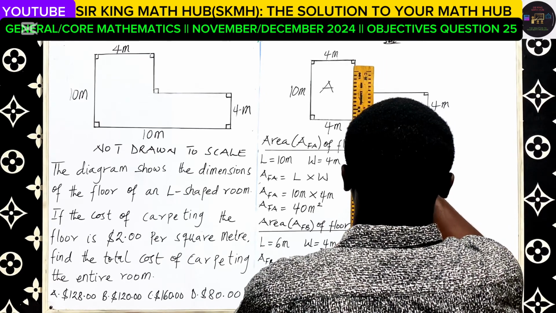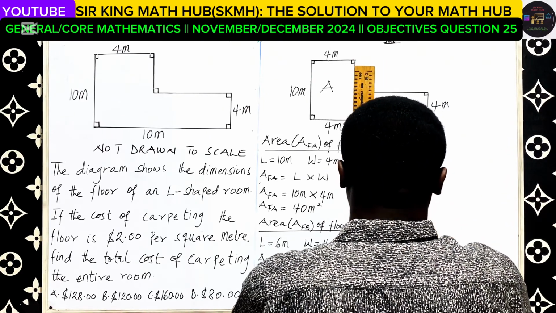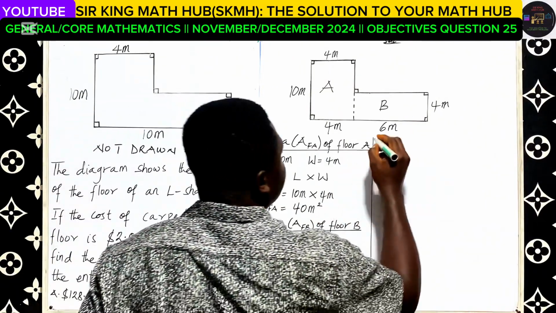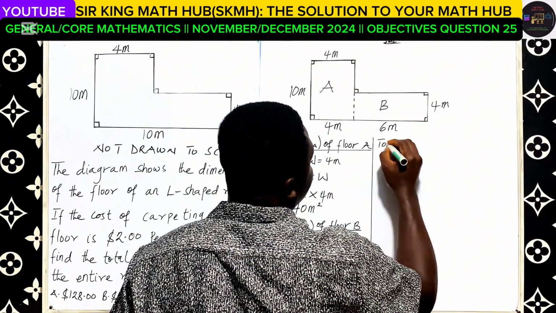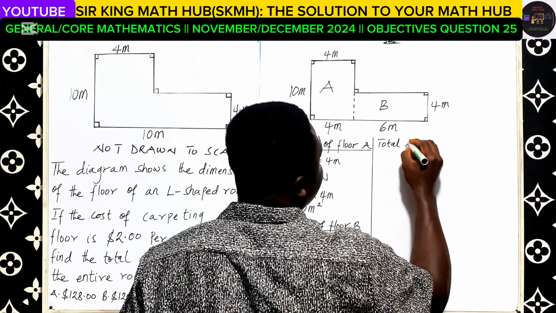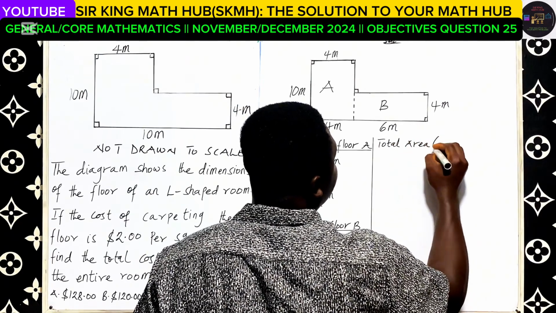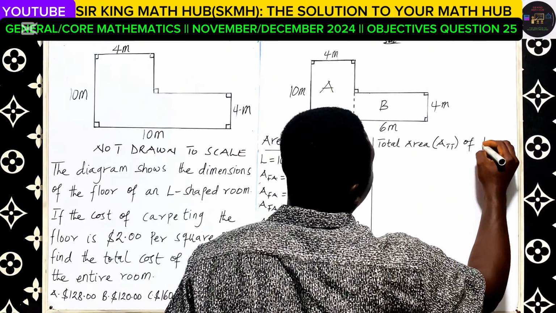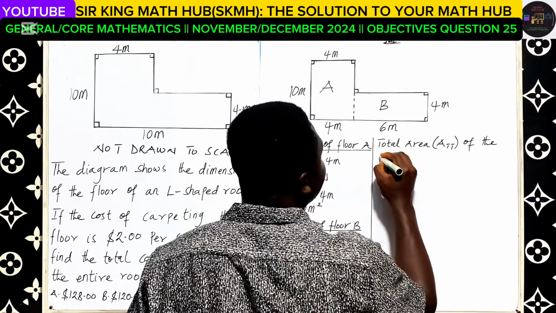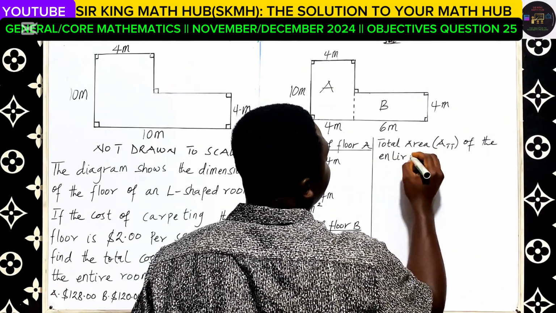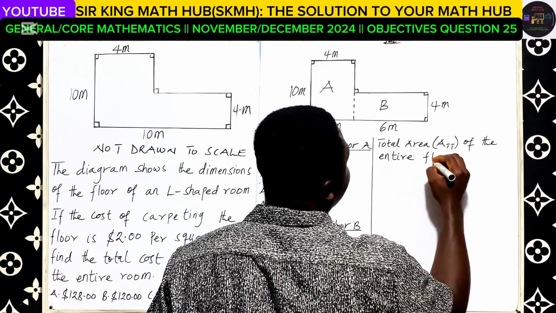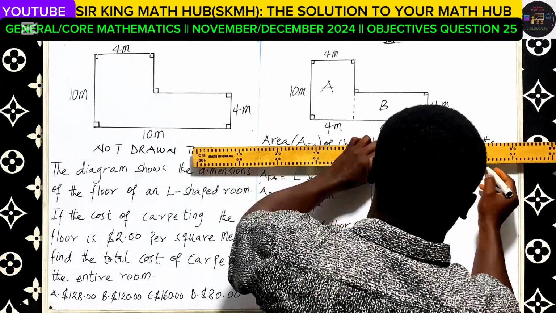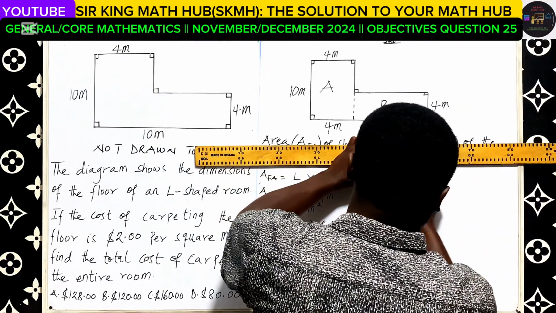So what is the total area of the entire floor? How do we calculate that?